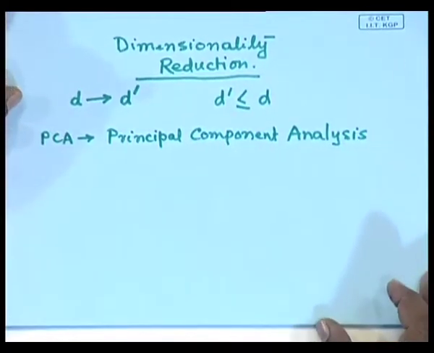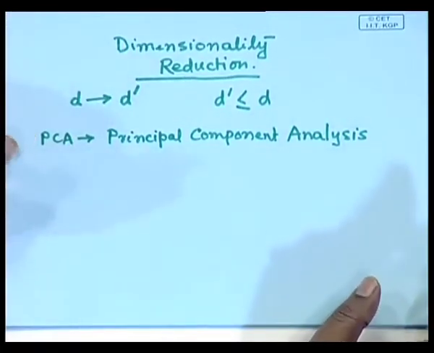The principal component analysis or PCA approach is that you try to project your higher dimensional feature vectors onto a space of lower dimension in such a way that the projected feature vector that I get best represents the original feature vector that I have projected.